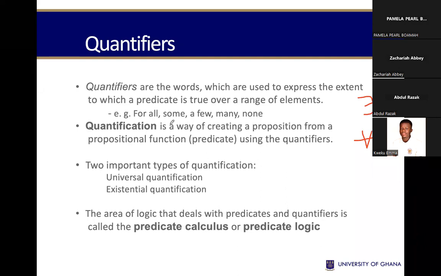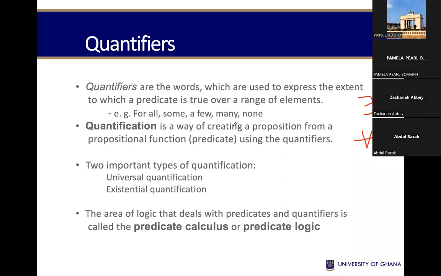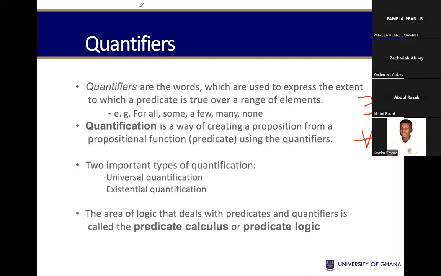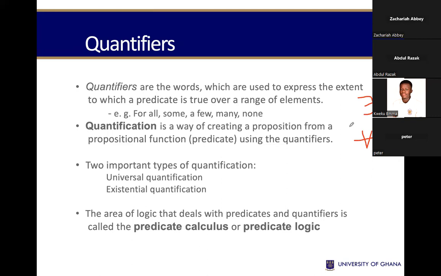Hence, quantification is a way of creating a proposition from a propositional function, a predicate, using quantifiers. I want to be able to check the extent to which people understand what is happening. If I'm able to make the statement that everyone in this class understands what I'm teaching, then I'm good to go. Can I have that statement established? If I can, then I can use this universal quantifier.